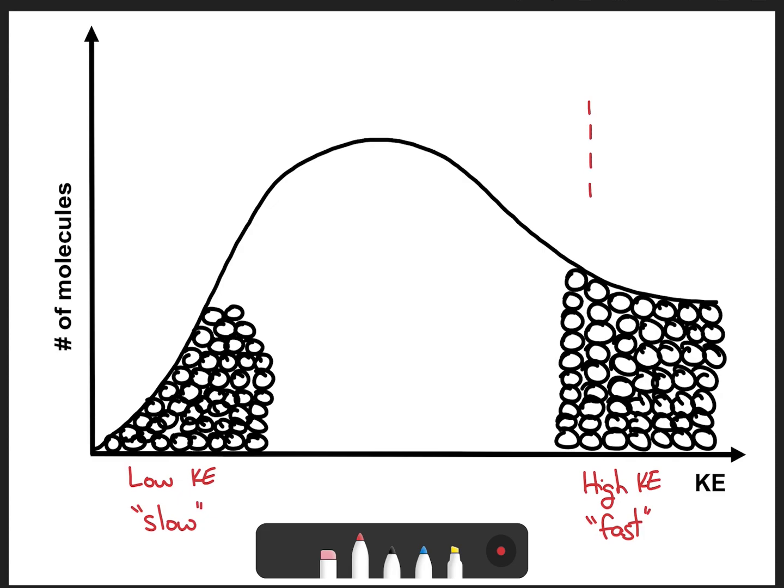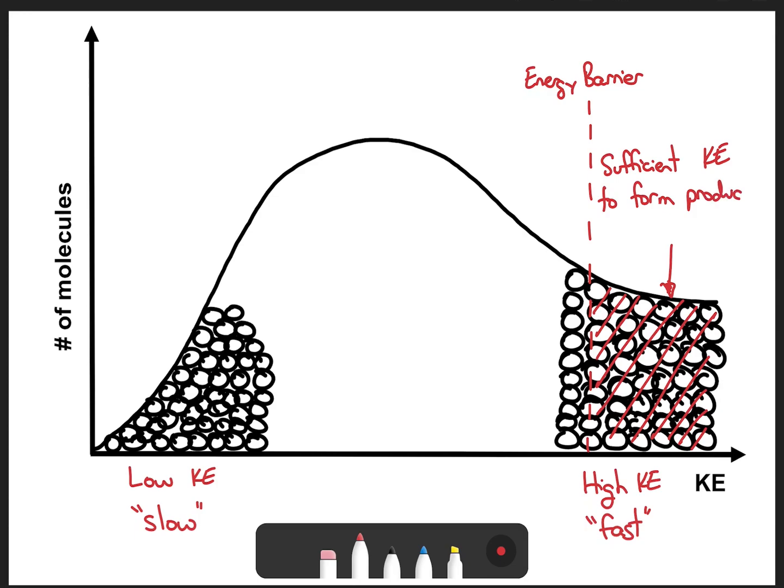All chemical reactions have an energy barrier. And this energy barrier relates to the formation of products and collision theory back in lesson 5. The molecules to the right of the energy barrier, these molecules here, have sufficient kinetic energy to form products.